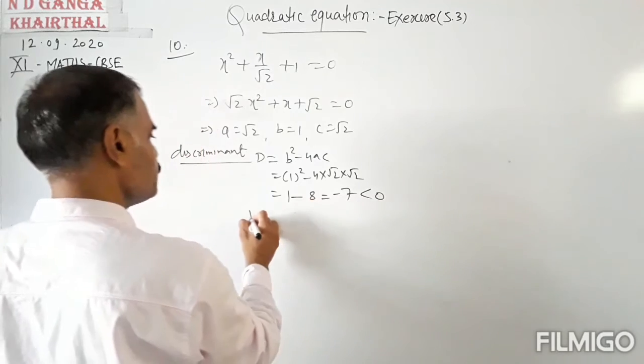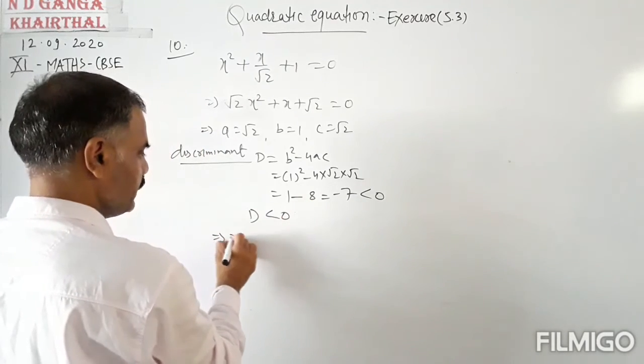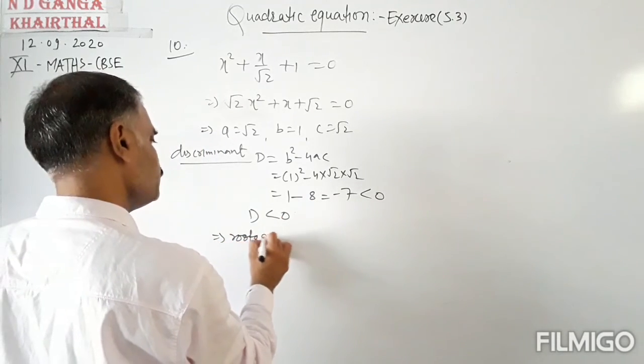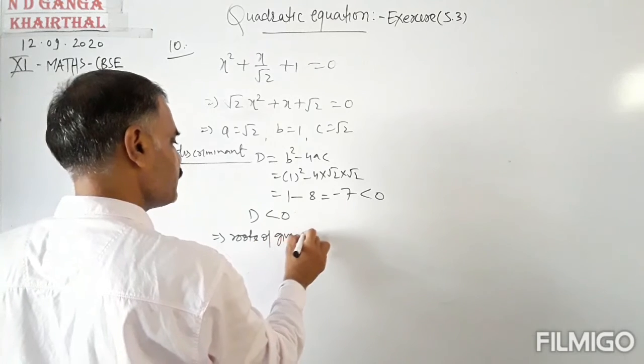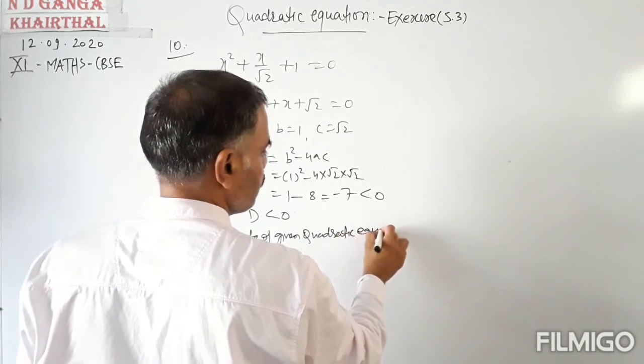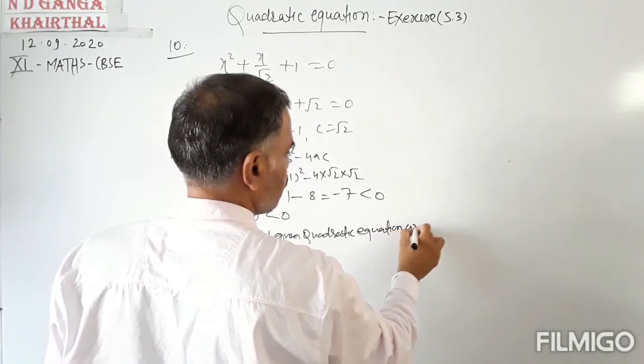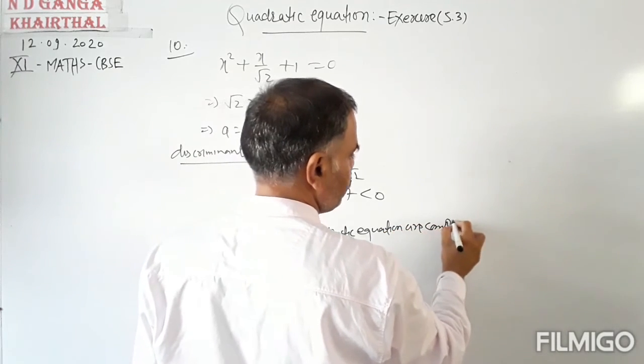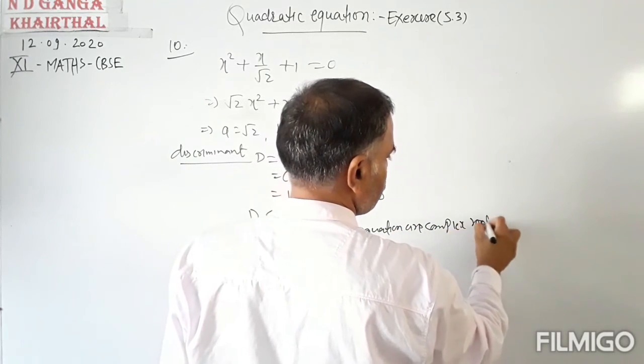Less than 0. So D is less than 0 implies that the roots of the given quadratic equation are complex roots.